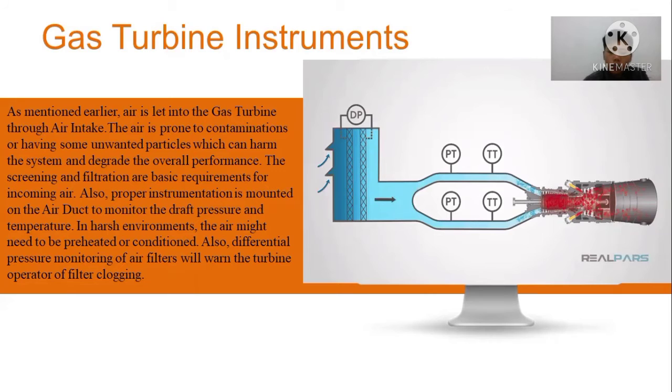The screening and filtration are basic requirements for incoming air. Also, proper instrumentation is mounted on the air duct to monitor the draft pressure and temperature. In harsh environment, the air may need to be preheated or conditioned. Also, differential pressure monitoring of air filter will warn the turbine operator of filter clogging.